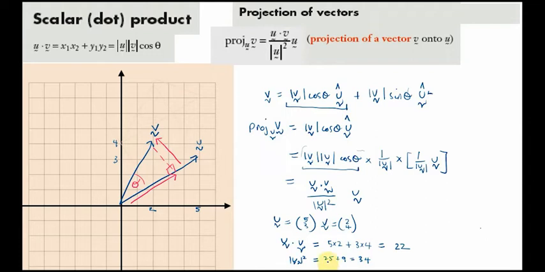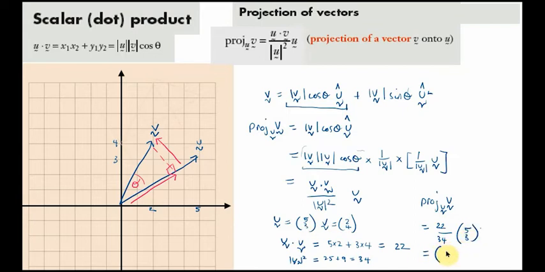And so we now write the projection of V in the direction of U equals U dot V over U squared, times U. So 22 divided by 34, and U is the vector 5, 3.